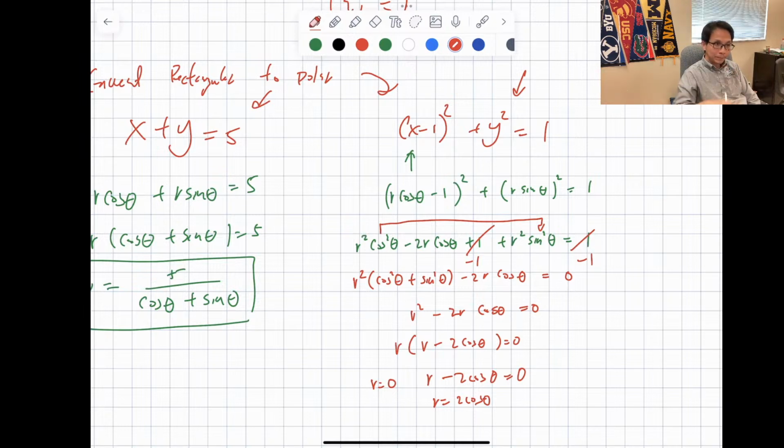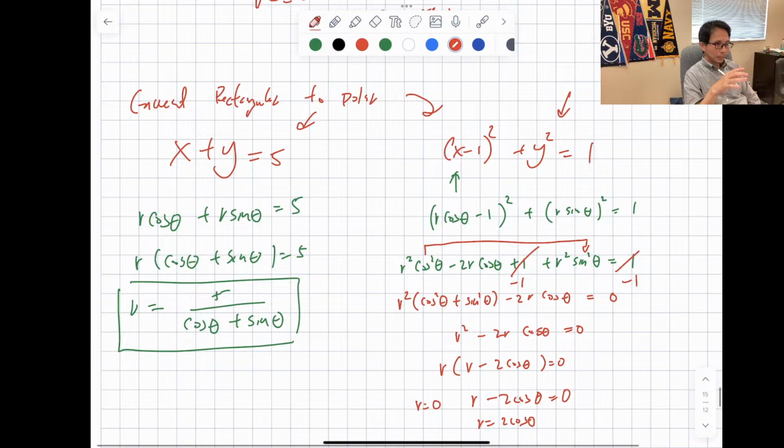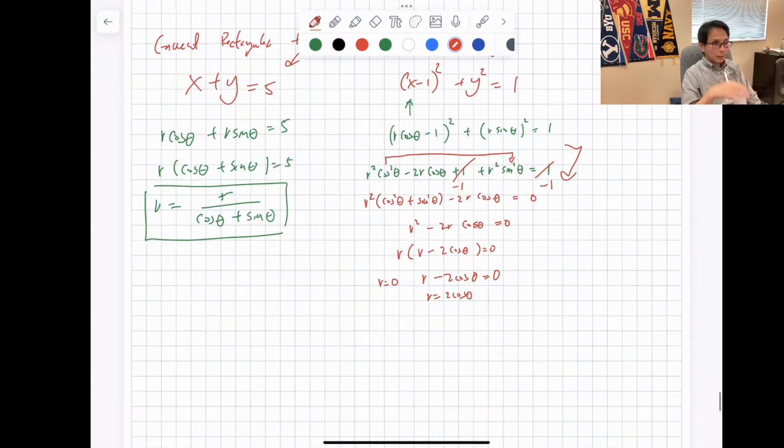Okay, so converting from rectangular to polar is pretty straightforward, except the simplifying part is a little bit trickier. You don't need this in calculus, but it's a prerequisite to get into polar equations that you'll be doing later in college. So you do need this part to get there.